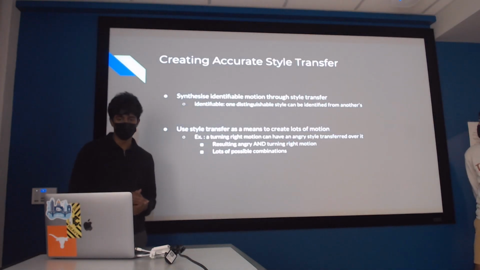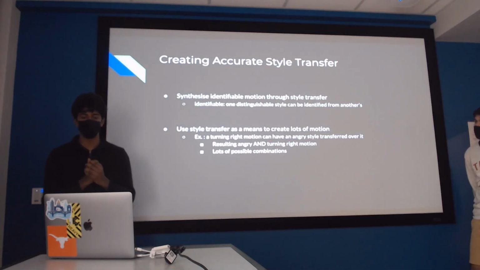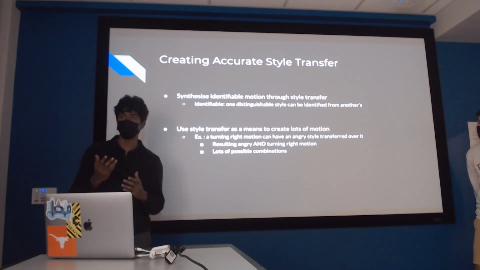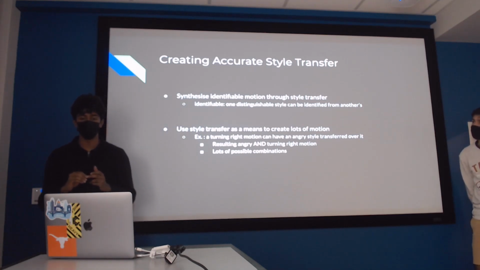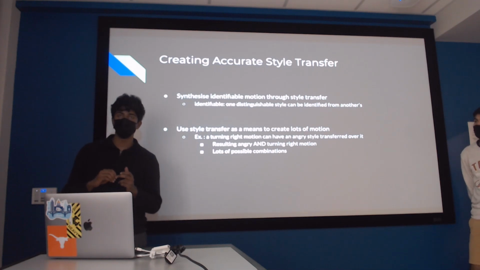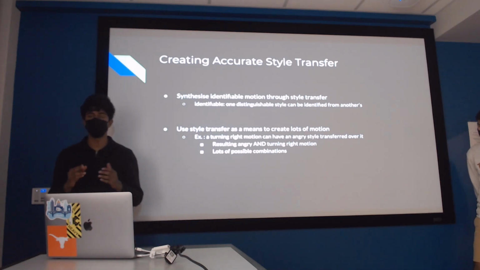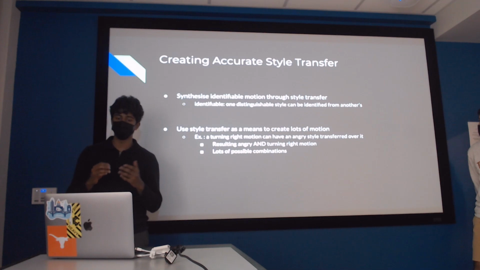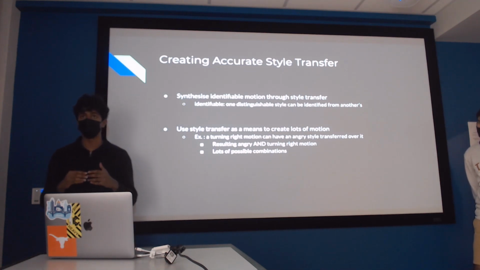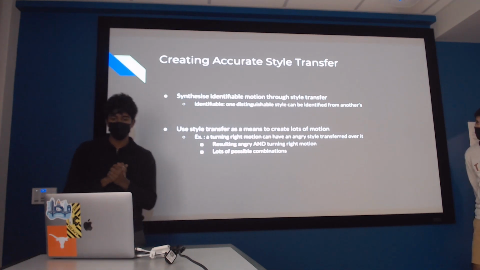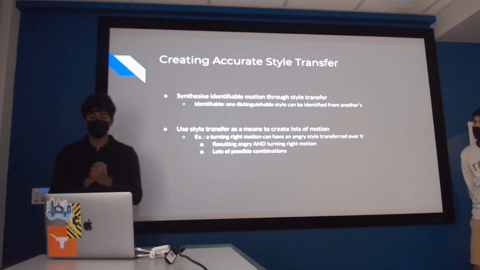And so we had a couple of goals in creating accurate style transfer. Relating to our first hypothesis, we want to create identifiable motion through style transfer. This being that if one of our inputs into the style transfer is a sad motion, a human participant should be able to watch that video and recognize that there are sad elements in that motion. And second, we want to use style transfer to create lots of motion.